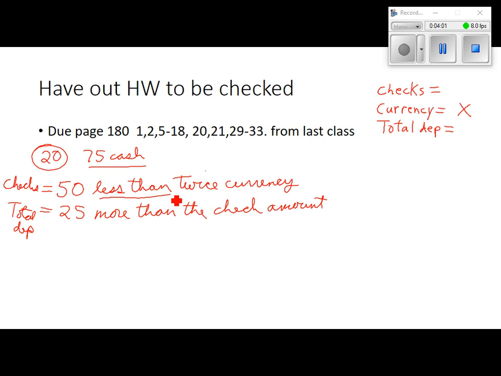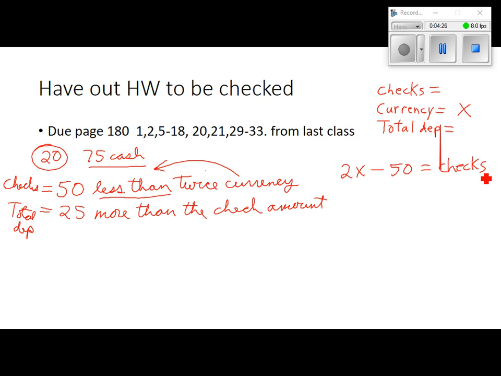You had to flip them around, right? So this is saying $50 less than twice the currency. So twice the currency is gonna have to go first, and 50 is gonna have to go after. So it'd be 2x minus 50. That equals the checks, right? That's how much the checks were for. Because that's what it said, checks were equal to that. So we got something like that right there.